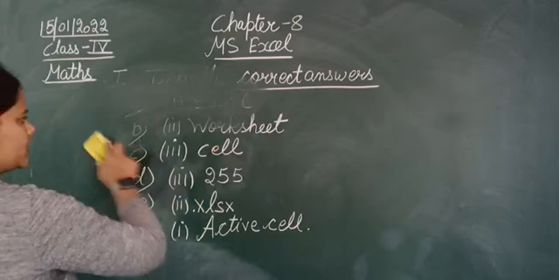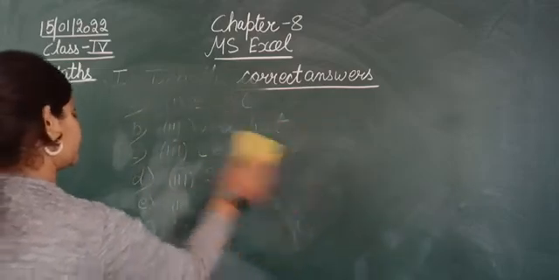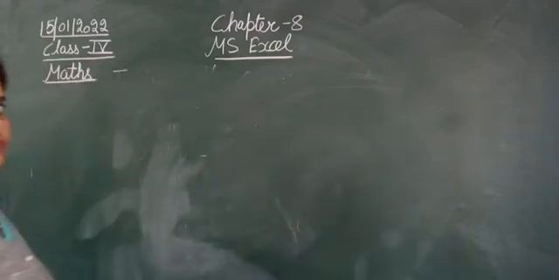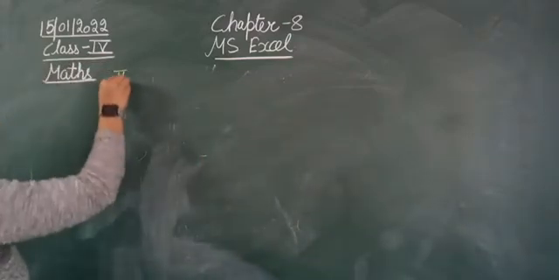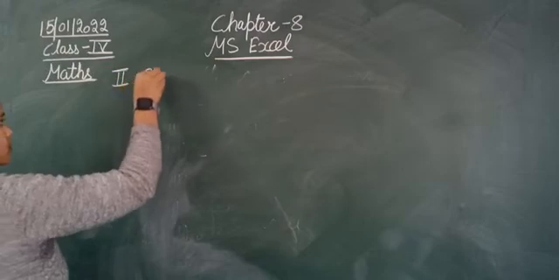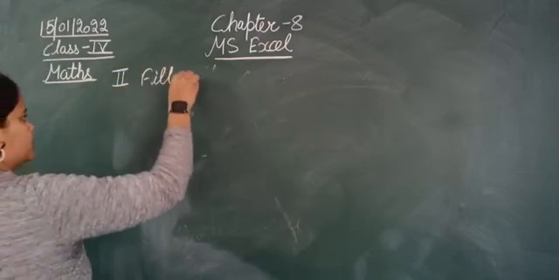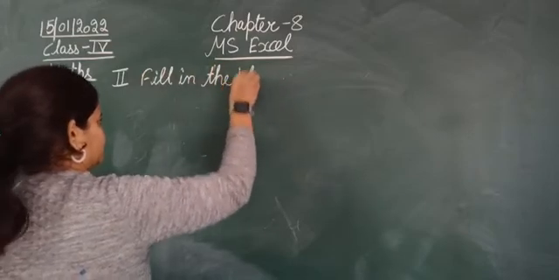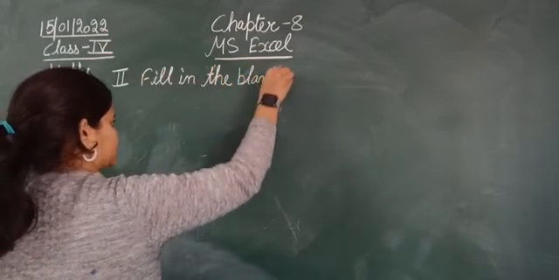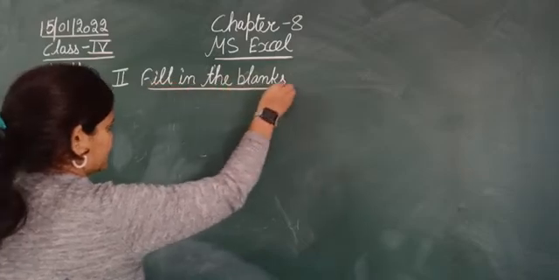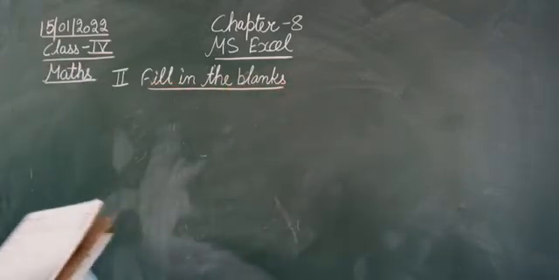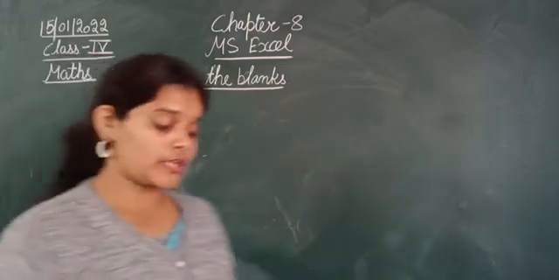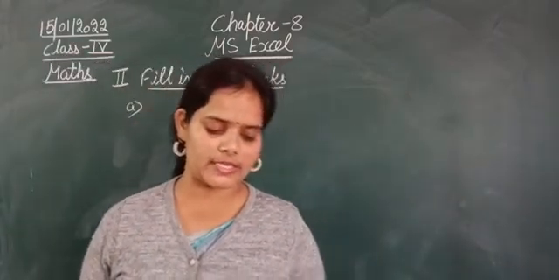The second one is fill in the blanks. The A1 is: Excel allows you to organize data in dash and dash.